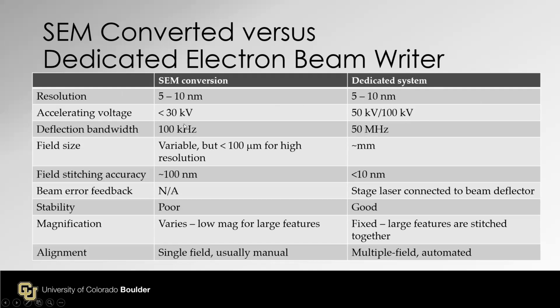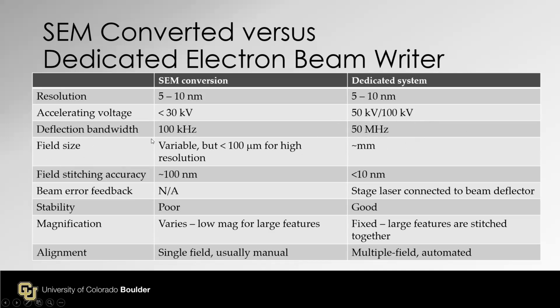Accelerating voltage: SEM is typically designed for 30 kV or lower, while the dedicated system is 100 kV or sometimes 50 kV. Deflection bandwidth, that's how fast the beam can move. Kilohertz versus megahertz, much faster.